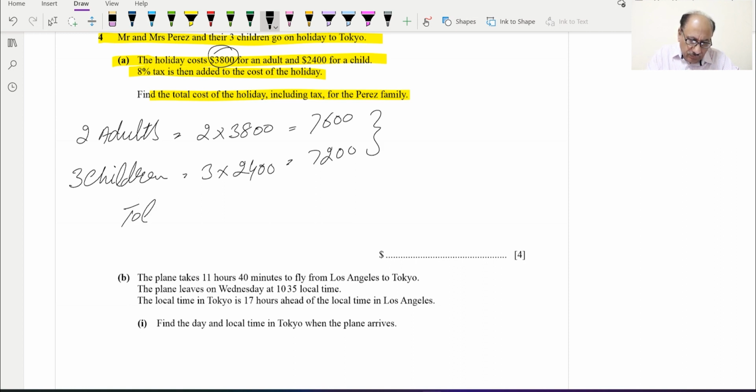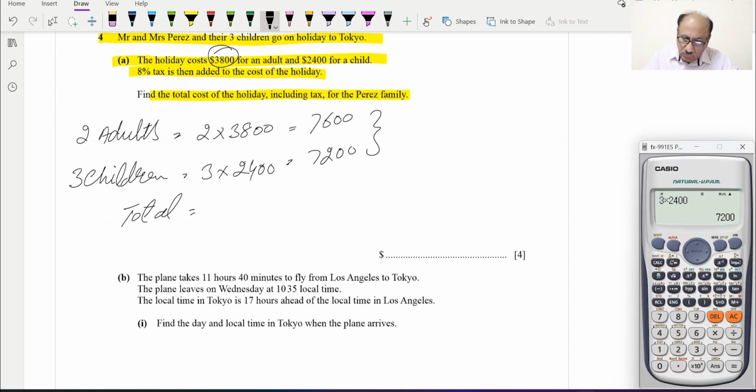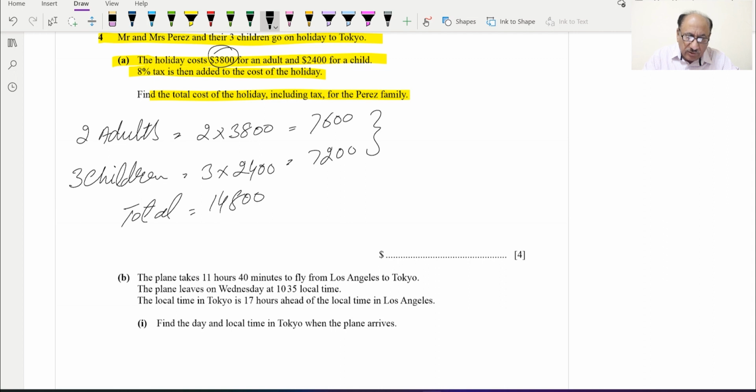Now we can add these two, so total cost will be how much? Total will be equal to 7,200 plus 7,600, which is equal to 14,800. Now on 14,800 we need to apply 8% tax.